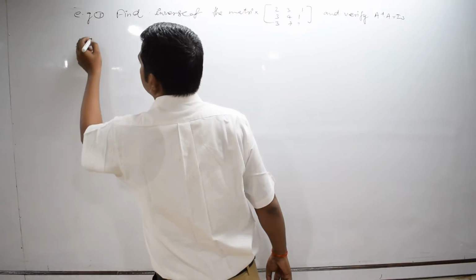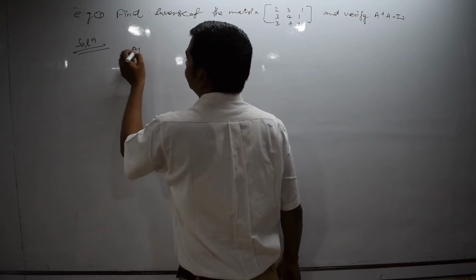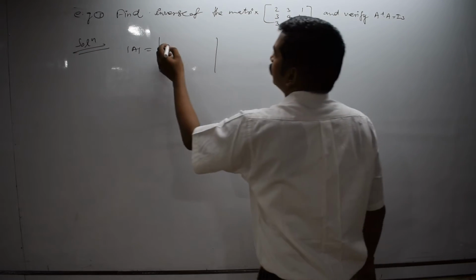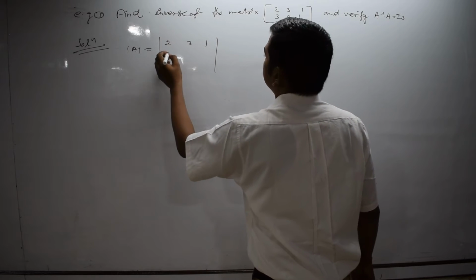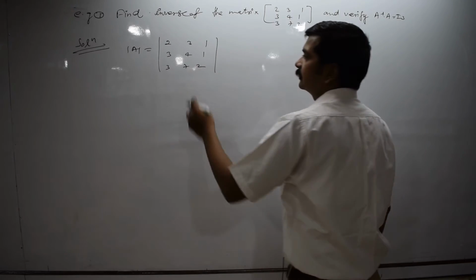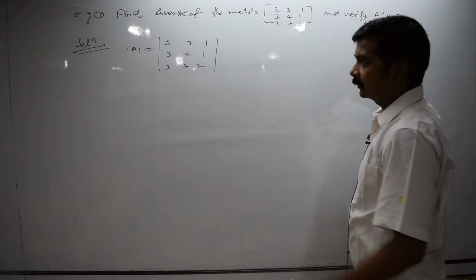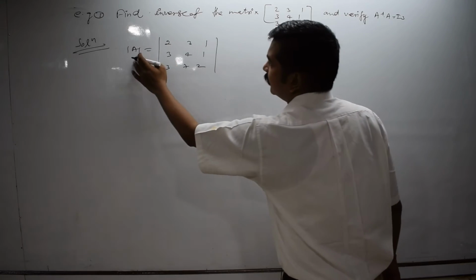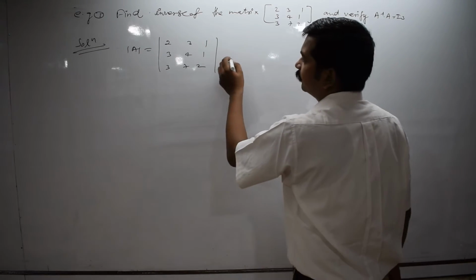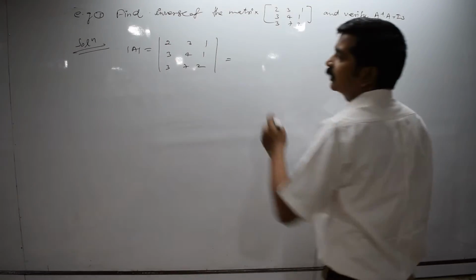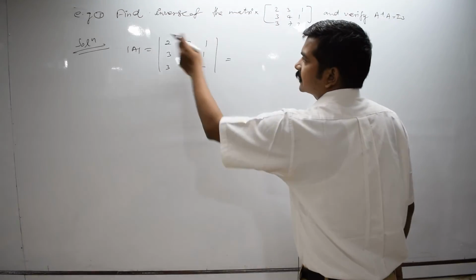Now, in the solution, first we find the determinant of the given matrix: 2 3 1, 3 4 1, 3 7 2. This is the given square matrix, and this denotes the determinant of the square matrix. Now, we expand with respect to R1, the first row.